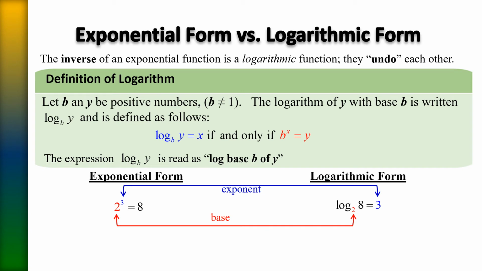In logarithmic form, it is written as such: log base 2 of 8 equals 3. So take a look at how we went from exponential form to logarithmic form, and I will explain that process in more detail in the upcoming slides.